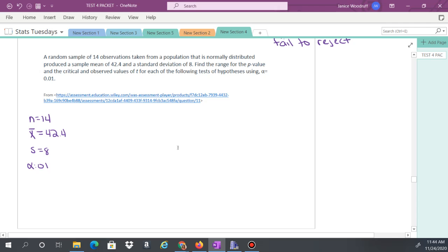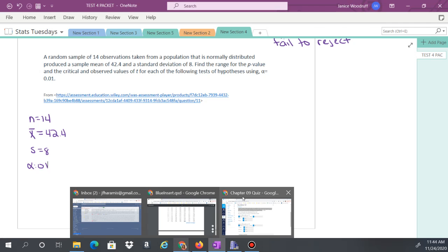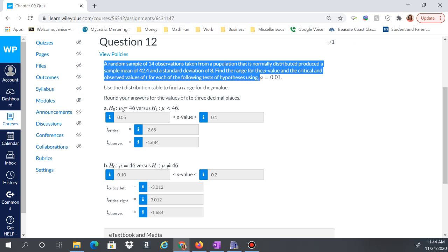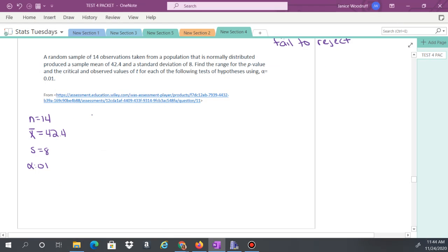The first test is given to us with a null of 46 and an alternative of less than 46, so it's left-tailed. H0 is that the mean is 46, and H1 is less than 46.